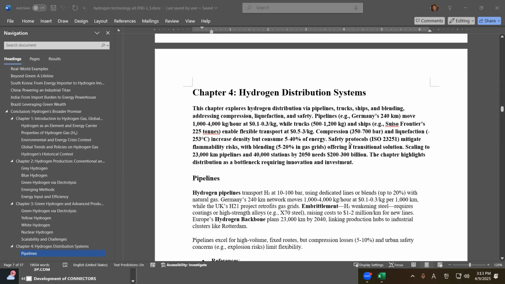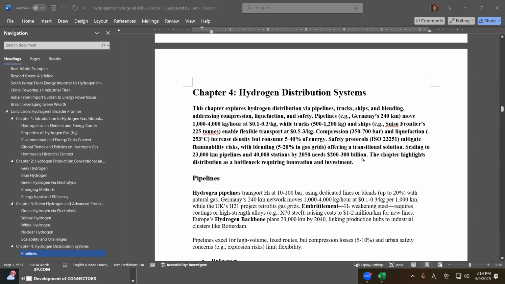Some safety protocols and blending, and scaling to 23,000 kilometers of pipeline and 40,000 stations by 2050 needs 200 to $300 billion, which is a lot.